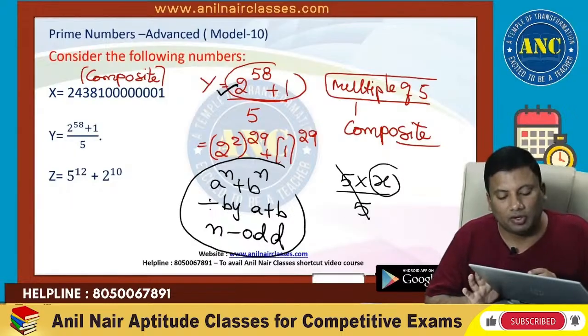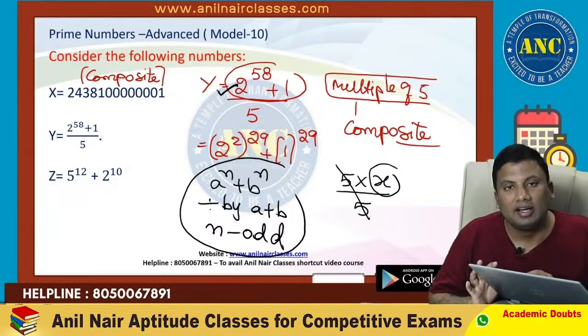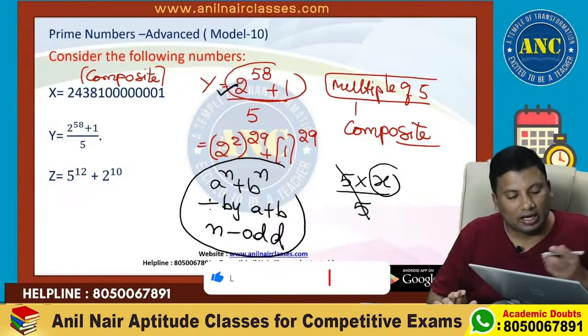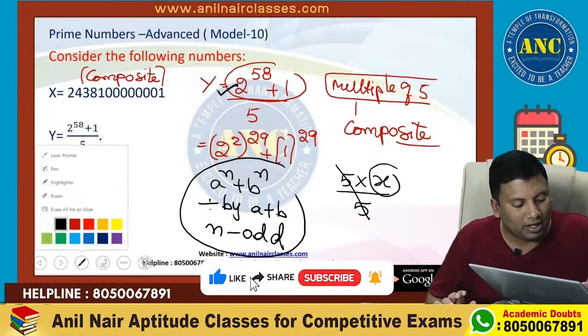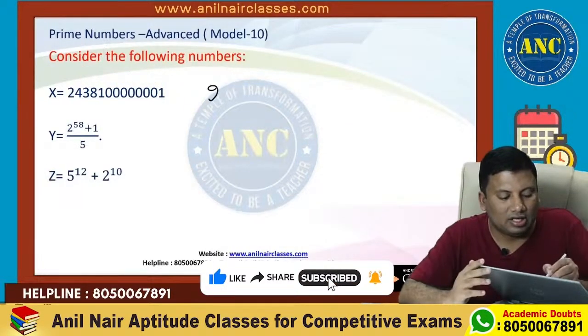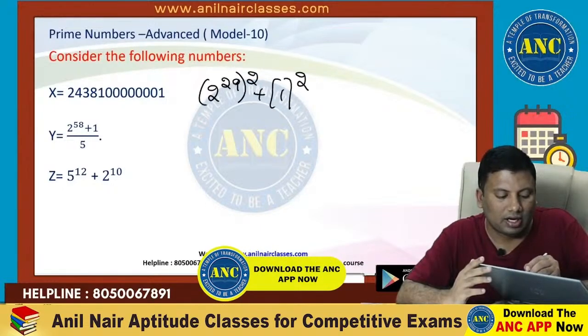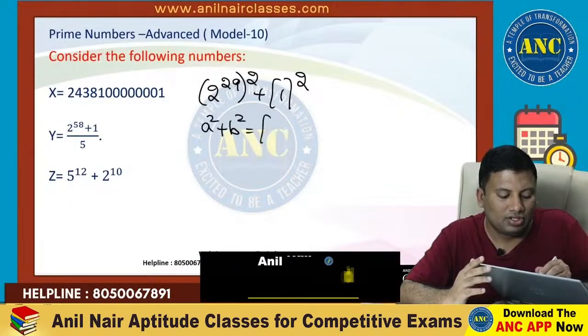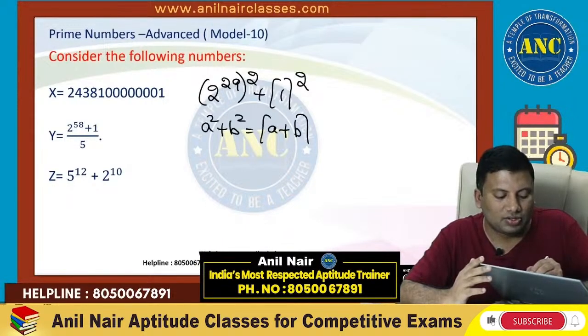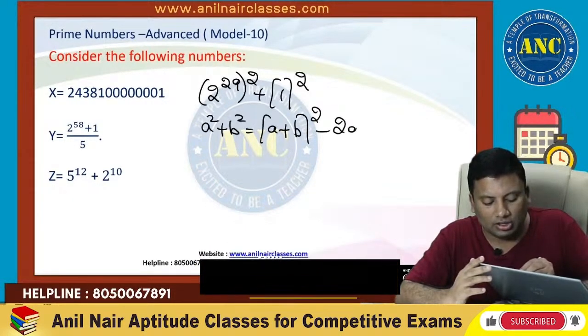Now we have to check whether the number could be a prime number. If that is the question popping up in your mind, then this is nothing but (2 power 29) whole square plus 1 whole square. This is a square plus b square, which is (a plus b) whole square minus 2ab.